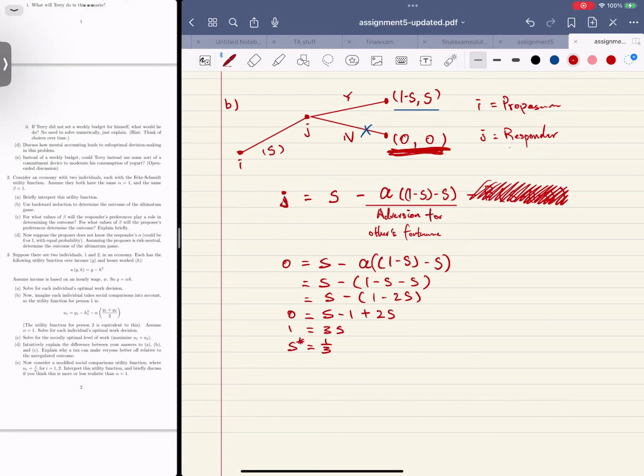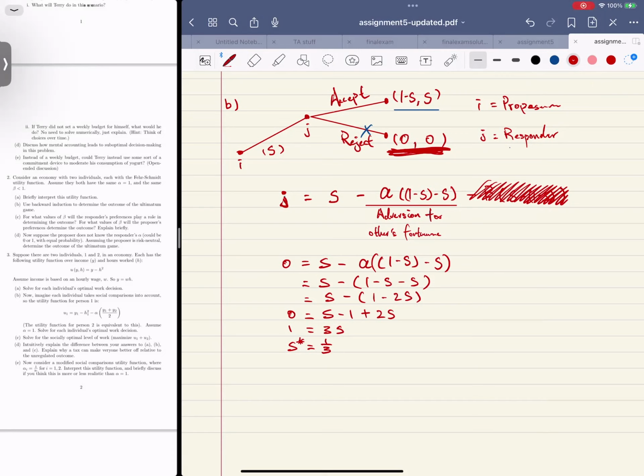At minimum, I needs to give 1/3 to J in order for J to not reject. Let's switch the yes and no: reject, accept. Right? Does it make sense?